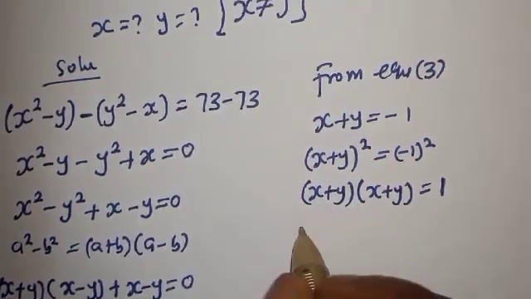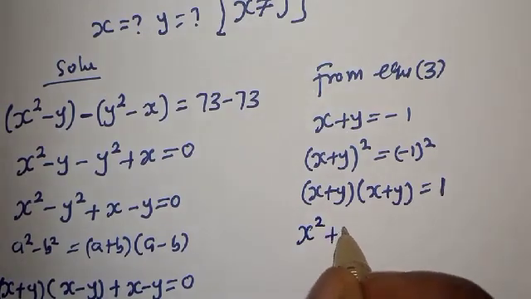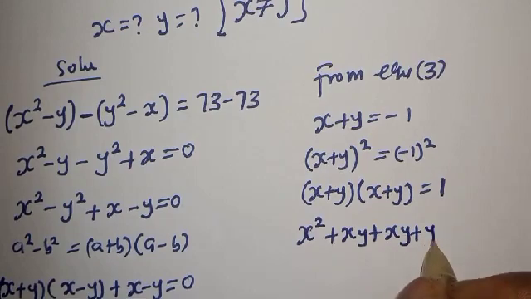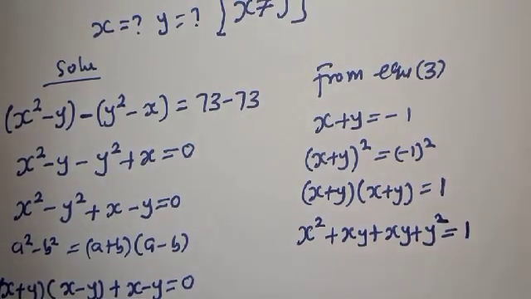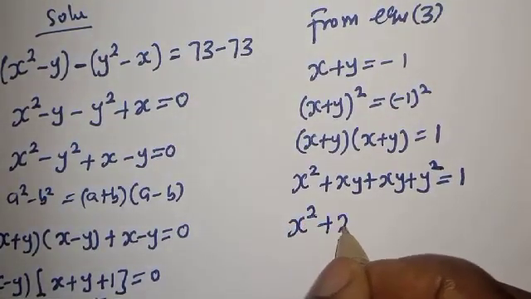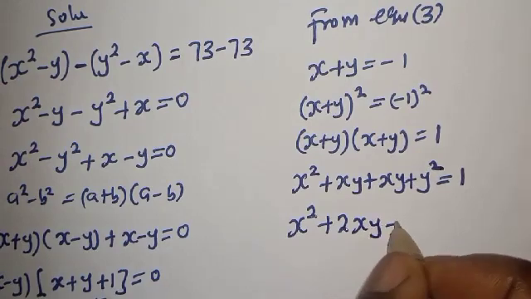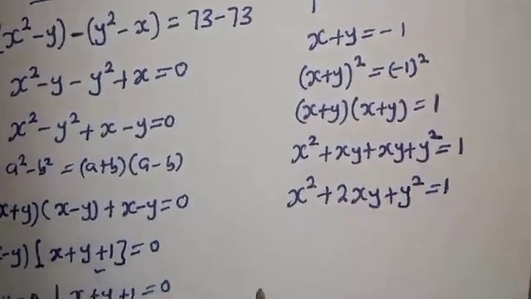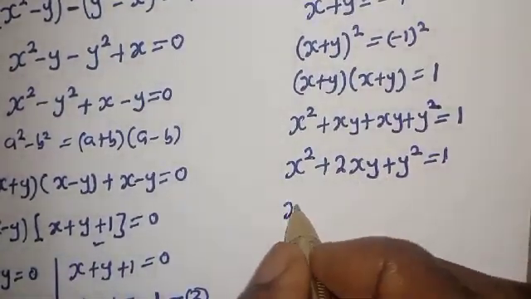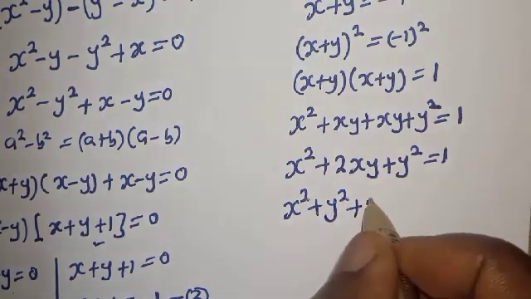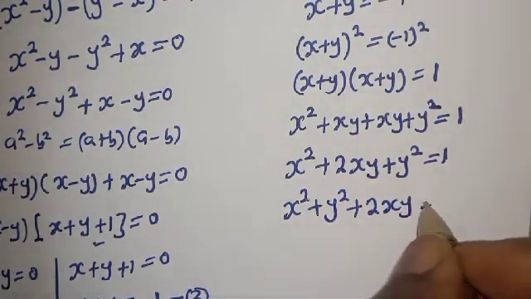So this is x squared plus xy plus xy plus y squared is equal to 1. This is x squared plus 2xy plus y squared is equal to 1. And let's rearrange this. x squared plus y squared plus 2xy is equal to 1.